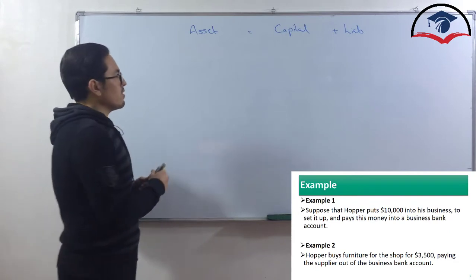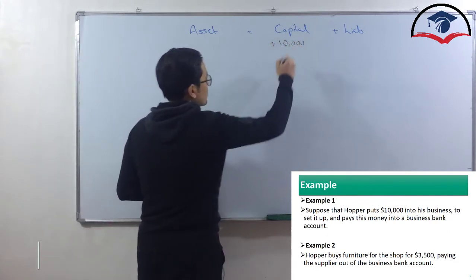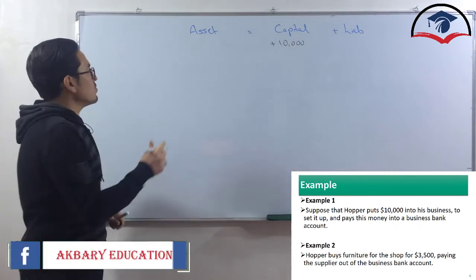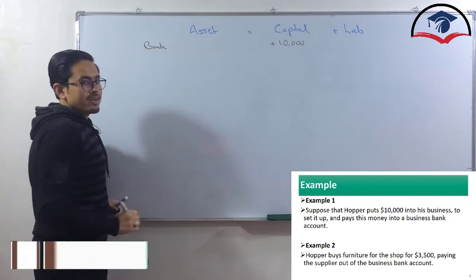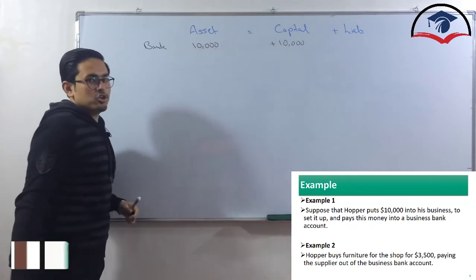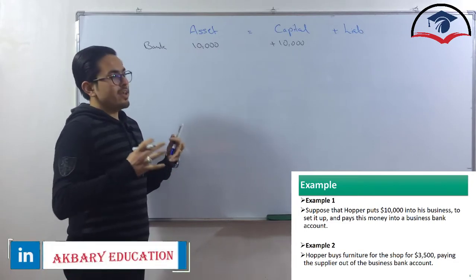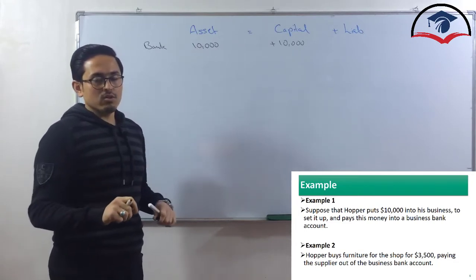Of course, one thing that will increase is $10,000 to the capital of that owner, but that amount comes to the bank account. To the bank account there will be a $10,000 addition. So of course, we currently have $10,000. Still both sides are balanced, affecting 2 sides.